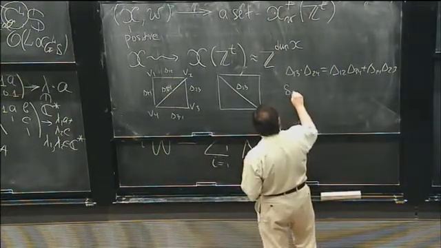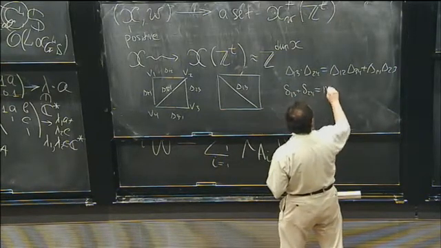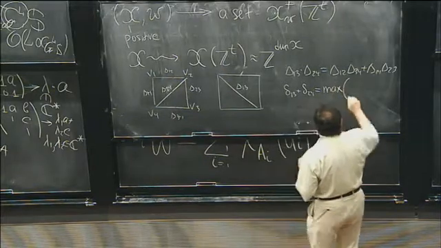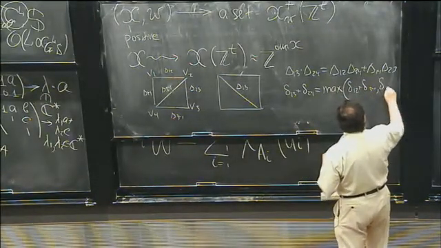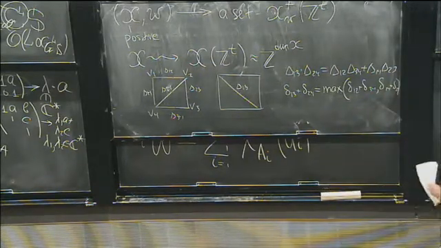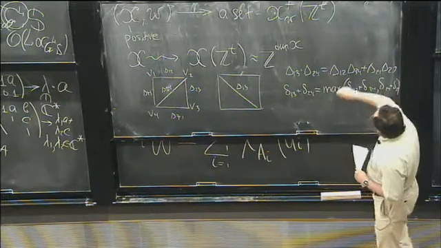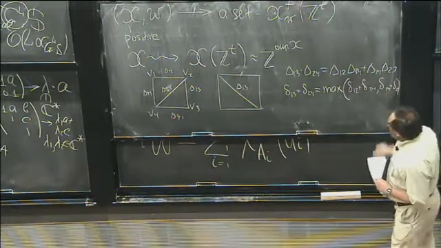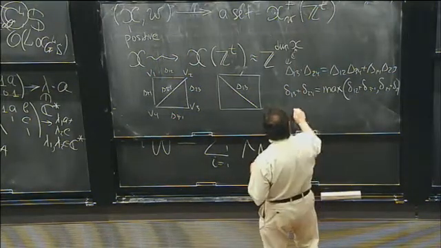Delta 1,3 plus delta 2,4 equals maximum or minimum, I never remember, of delta 1,2 plus delta 3,4 and delta 1,4 plus delta 2,3. This is the process of tropicalization. So you downgrade the product to the sum, and the sum to the maximum. Again, product goes to the sum. And now this was for functions. And now these deltas are just integers.